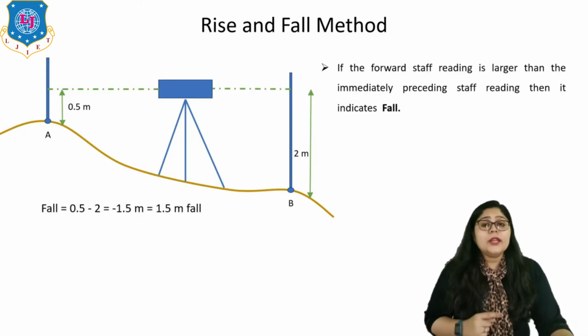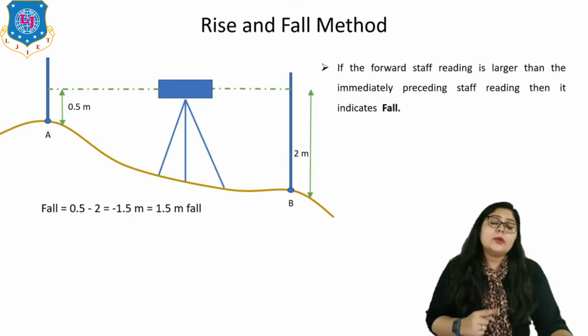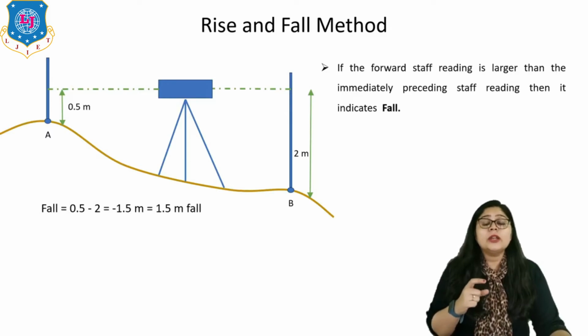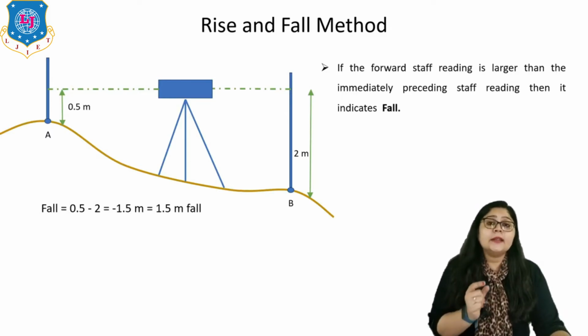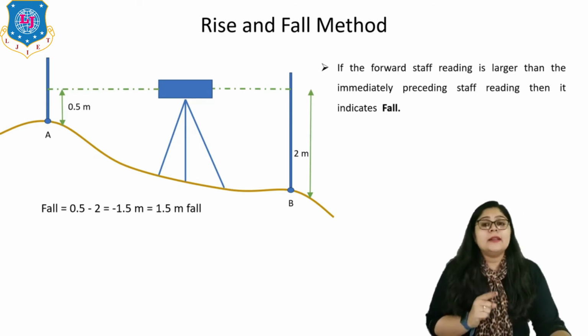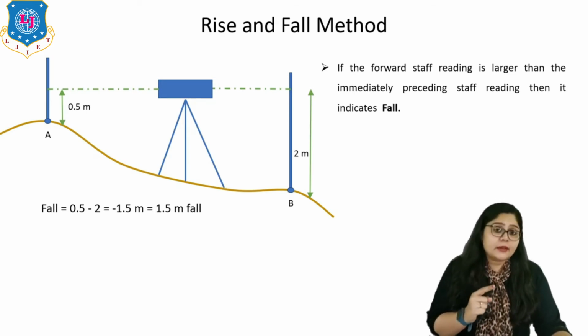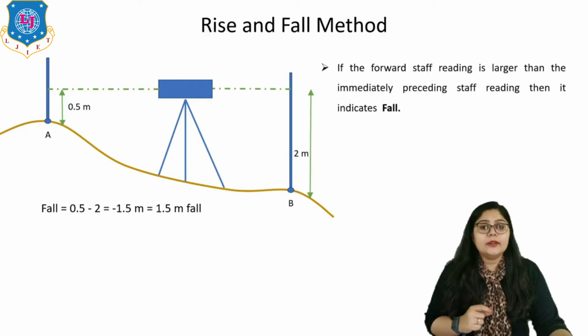Now for calculation you can see over here fall is equal to 0.5 minus 2. It means minus 1.5 meter. Generally height is not in negative terms, but the negative sign indicates that there is a fall, right? If it is in positive sign, then it indicates the rise is there, right? So that is the concept over here.